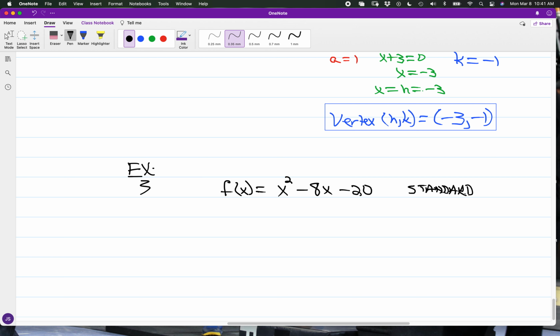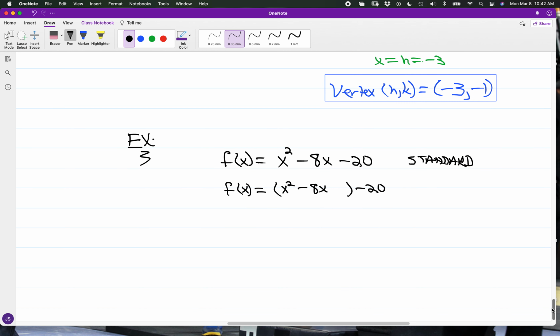And if I get to the vertex form, again, I'm going to separate the variable terms apart from the constant. So I have x squared minus 8x minus 20. In the parentheses, I have the leading term to be x squared.